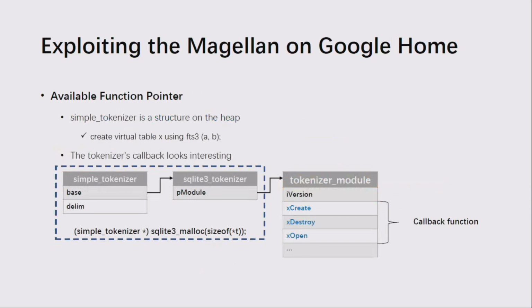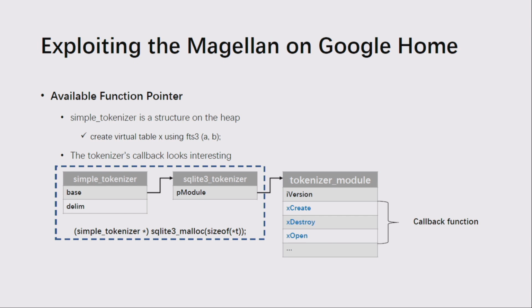In the next sessions, we will introduce the ideas of using this vulnerability. We expect to find function pointers that can be used on a heap. When creating FTS3 tables, a tokenizer is created by default. And the default tokenizer is the simple tokenizer.